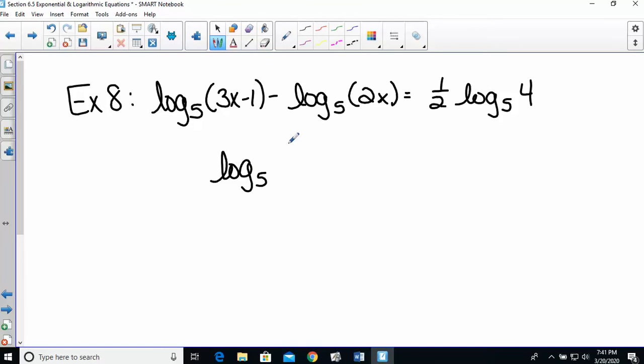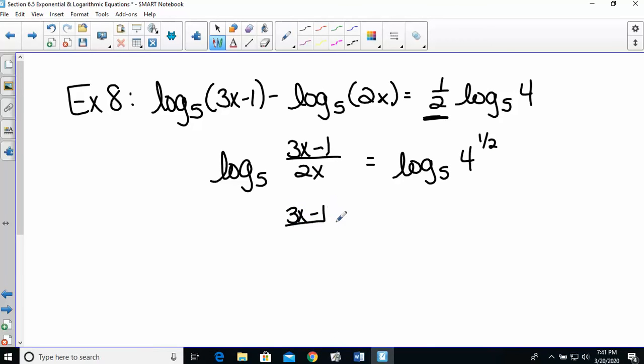On the left, I have two logs that are subtracted, so I put them together with division. On the right, I have this 1/2. Remember, properties of logs, that will turn into an exponent. So this is like a 4 to the 1/2. We have a log base 5 on each side, so we can drop that.